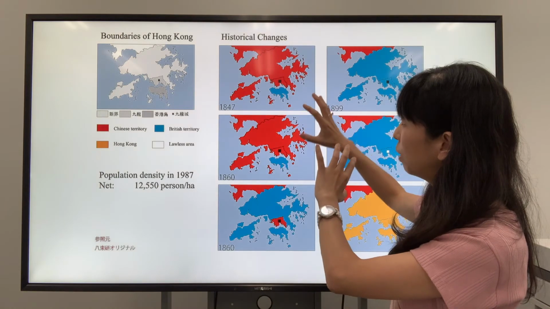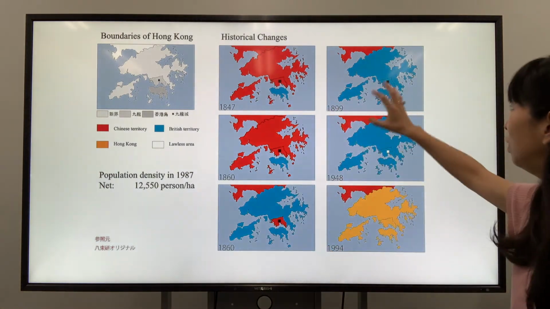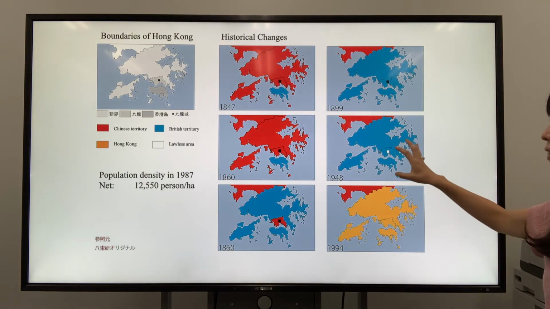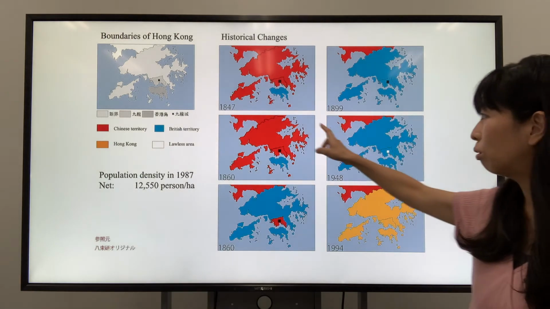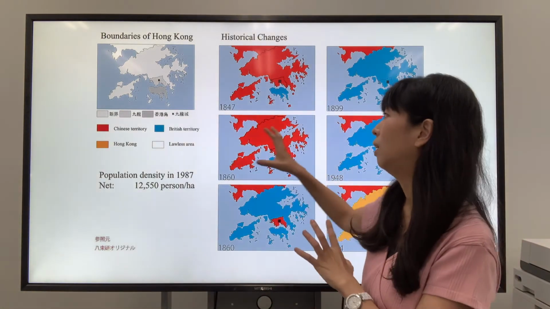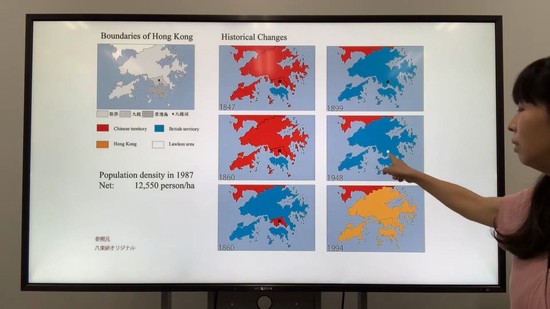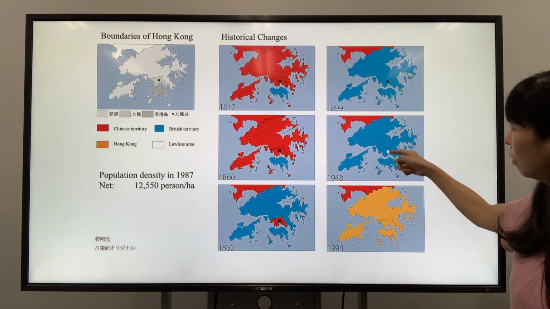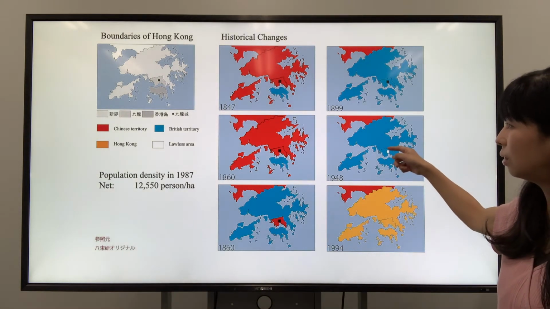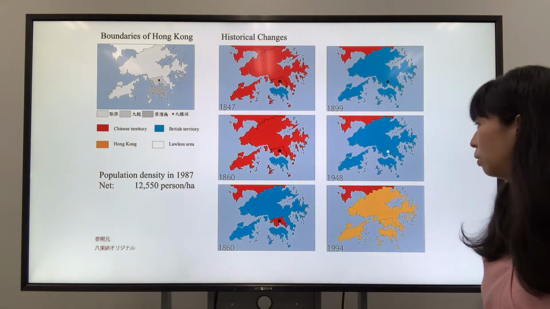It went from one to another until it reached a moment where it became a lawless area. No one actually knew what was really going on in this area, which is exactly the point of the Kowloon Walled City.